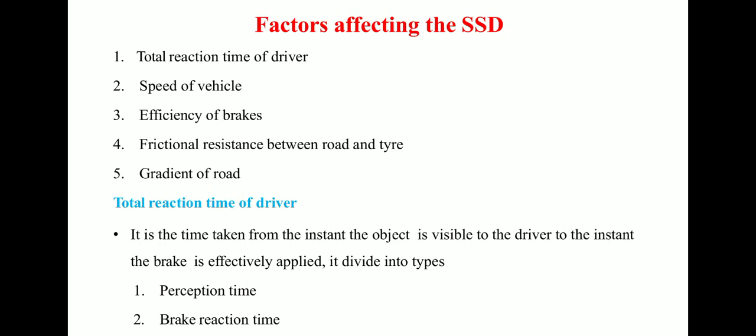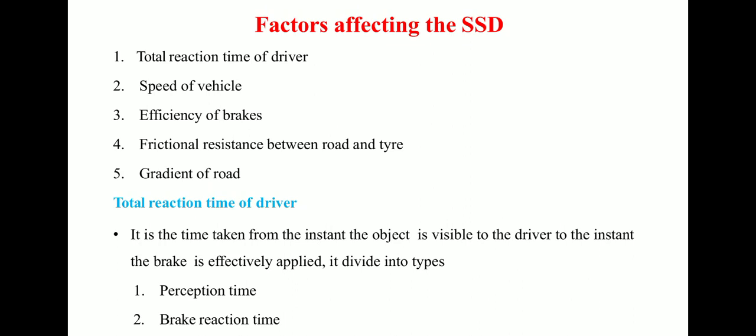Hence, as speed increases, stopping sight distance will also increase. Next factor, efficiency of brakes. If we apply 100% efficiency, the vehicle will stop immediately, and then there is a chance of skidding, which ultimately leads to an accident.